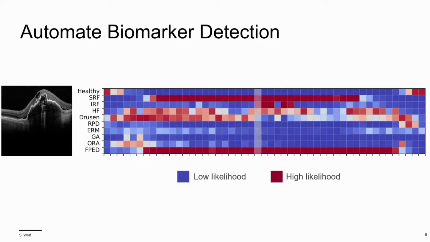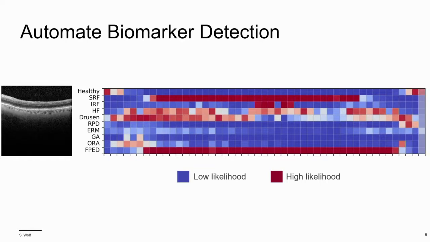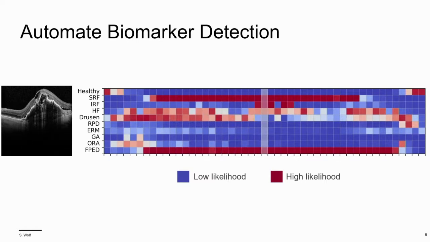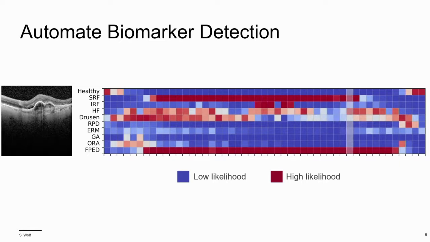On the left-hand side, you see the OCT, the different B-scans building one C-scan. And on the right side, you see the appearance of the biomarkers. Dark red means that there's a high likelihood that this biomarker is present. Dark blue means there's a low likelihood that it is present.